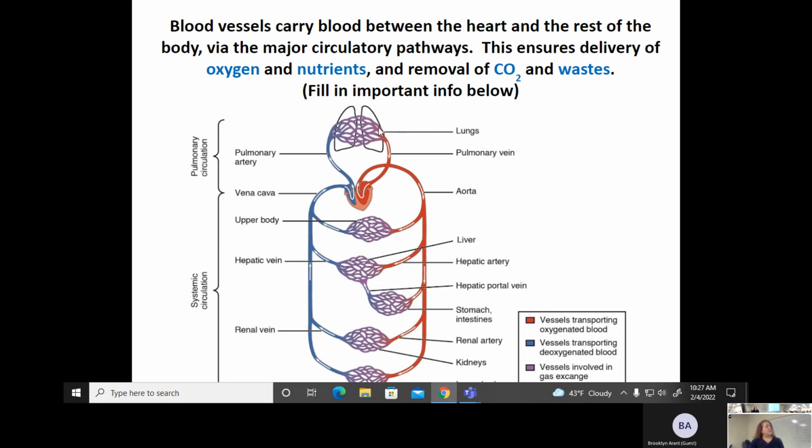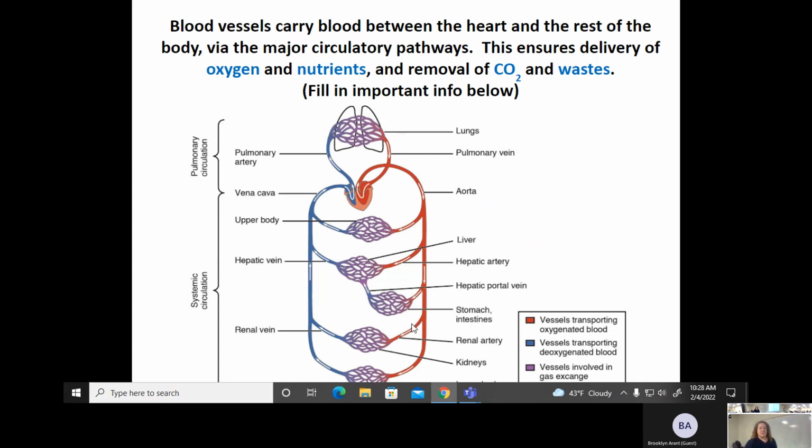This is showing pulmonary circulation, which we've talked about, and systemic circulation, which we have talked about, but there's a couple of things I want you to add on to this that relate to future body systems that we didn't talk about yet. Start here with renal artery, kidney, capillaries, renal vein. So we're looking at this branch right here.